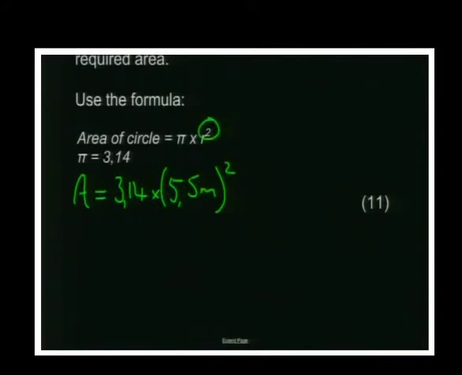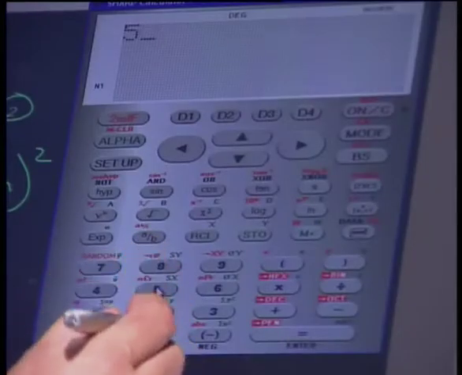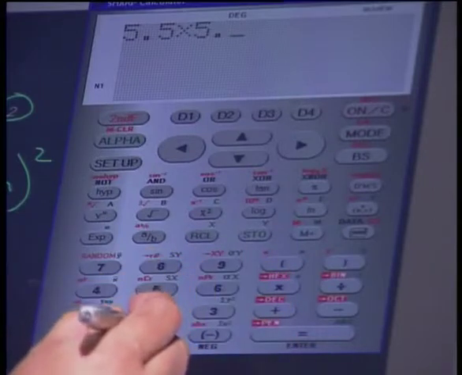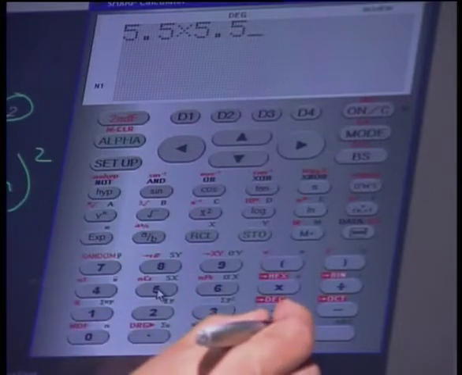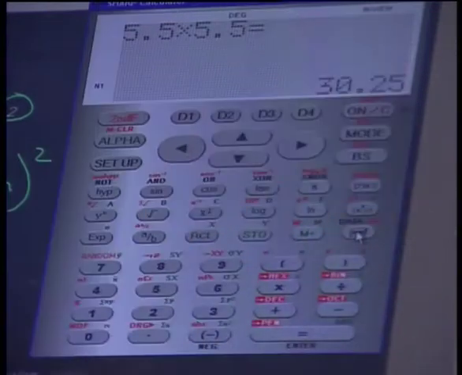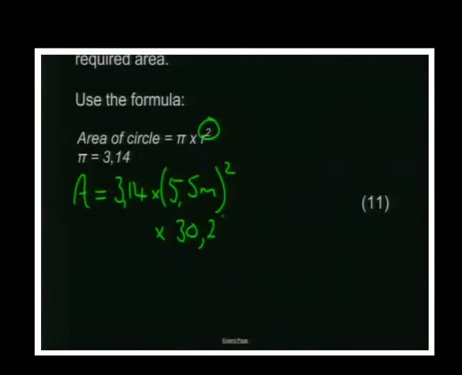Let's square it. Right, let's put this in our calculator. So I have 5.5 times 5.5, because it's squared, equals, and I'm going to get an answer here of 30.25. So we're going to say that is times 30.25 meters squared.